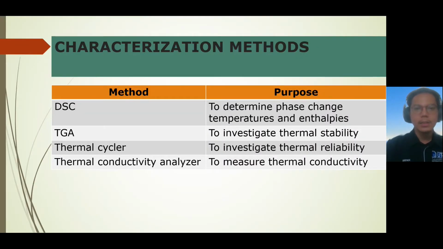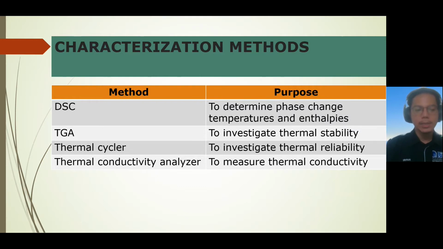Okay, the characterization method. We have four characterization methods, which is DSC. DSC means differential scanning calorimeter. The purpose of this is to determine the phase change temperature and its enthalpies. Next we have TGA.